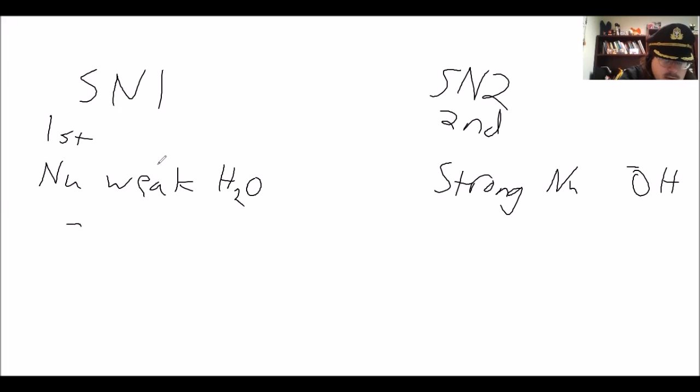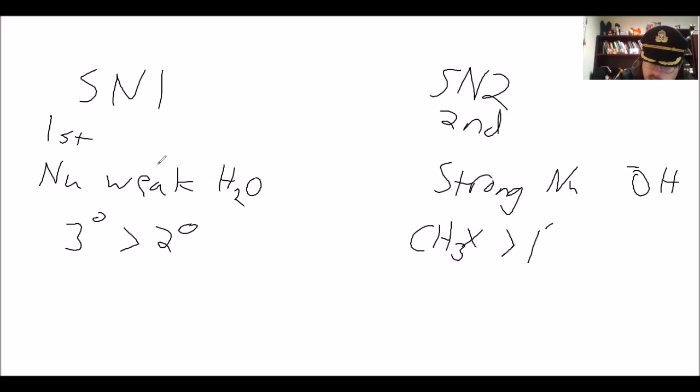So typically tertiary and secondary carbons undergo SN1, but methyl groups, primary and secondary halogens and other things with leaving groups will go SN2. So you notice secondary will happen with both SN1 and SN2.